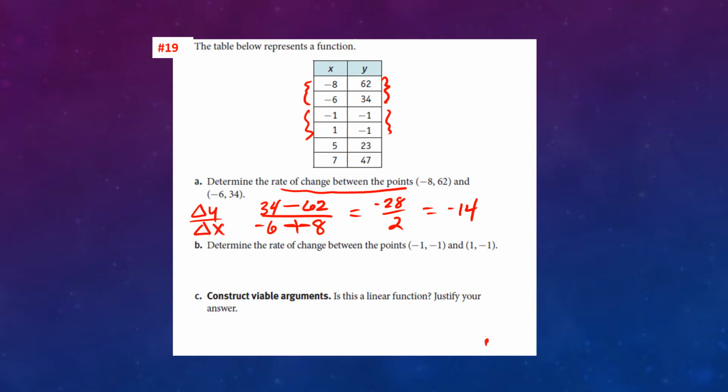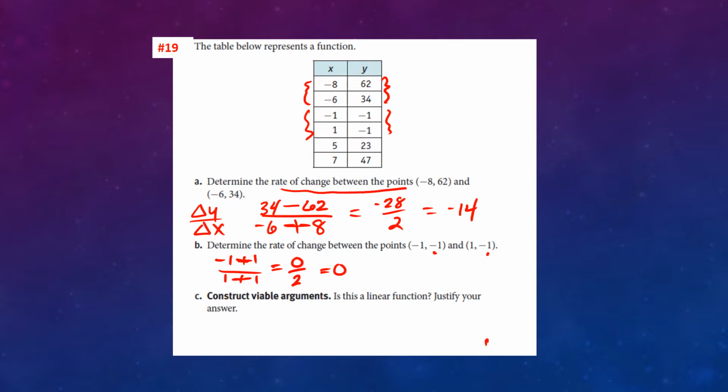So y2 minus y1, which is negative 1 minus negative 1, or plus, over 1 minus negative 1, or 1 plus 1, which equals 0 over 2, which is 0.